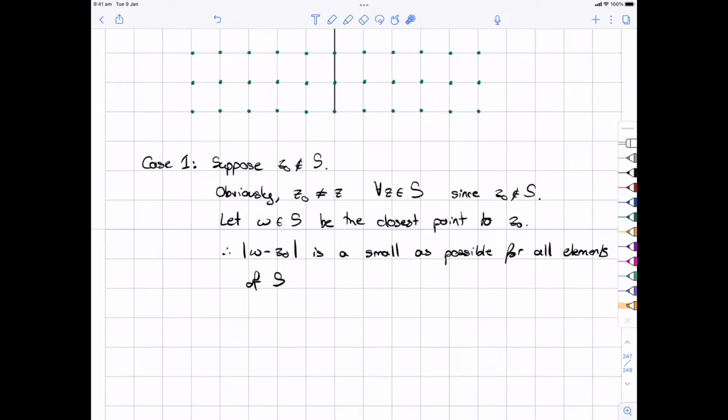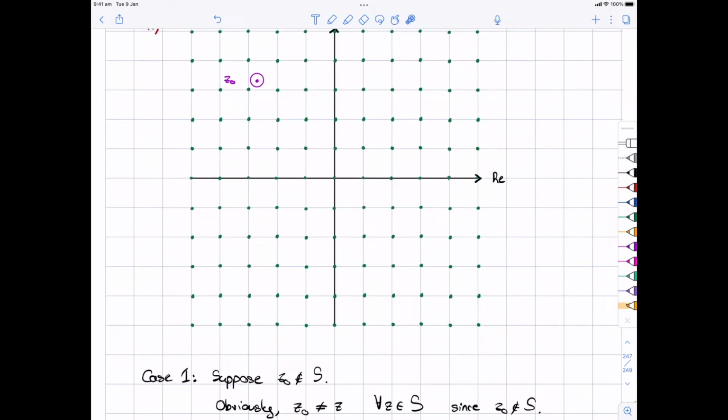Okay, so I've got this distance, and what I want to do is make sure that my radius is small enough to never capture the closest point. So in this scenario, I would have to make it so that my circle doesn't do something like this, where it's captured the closest point right here, okay?